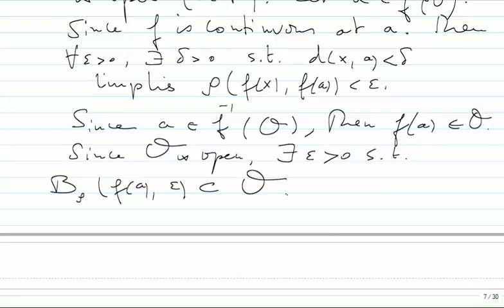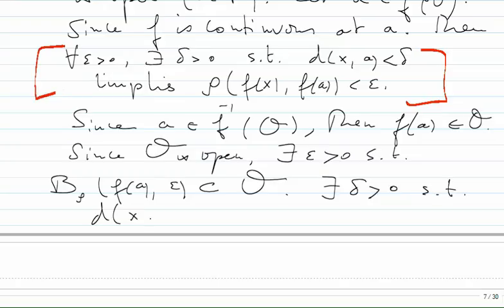Now we use the definition of continuity. There exists delta associated to that epsilon such that whenever d of x, a is less than delta, we get rho of f of x, f of a less than epsilon. What does it mean?